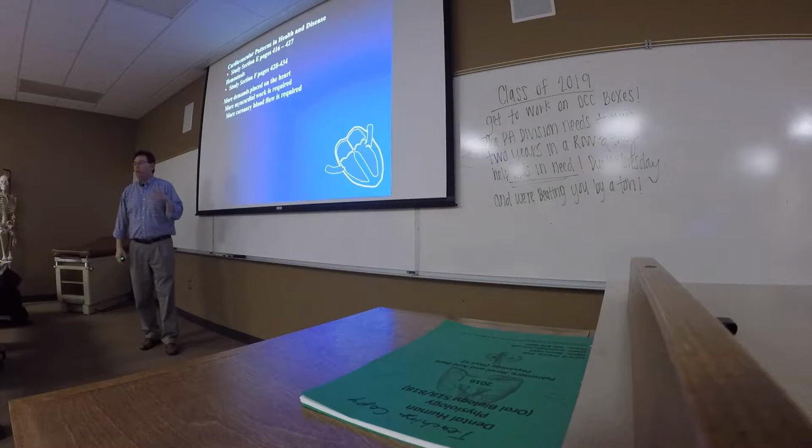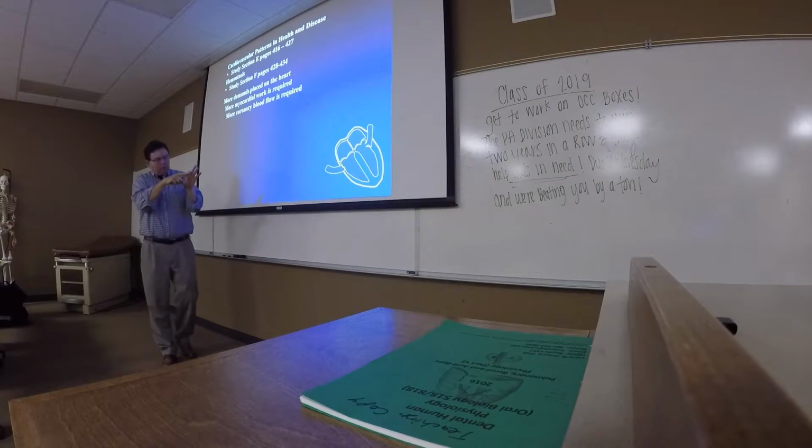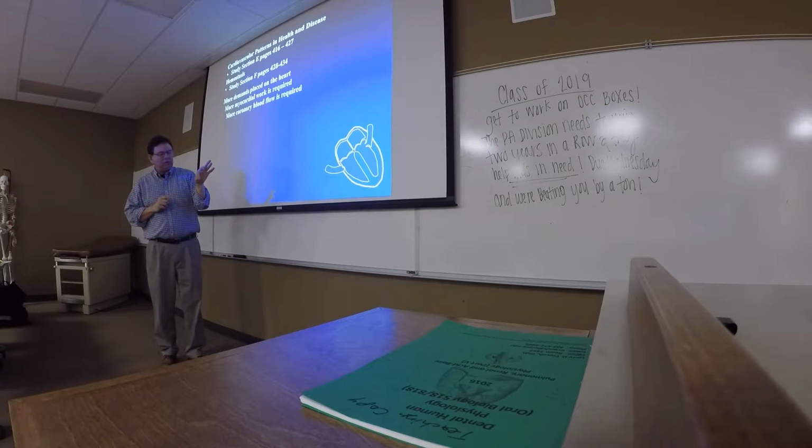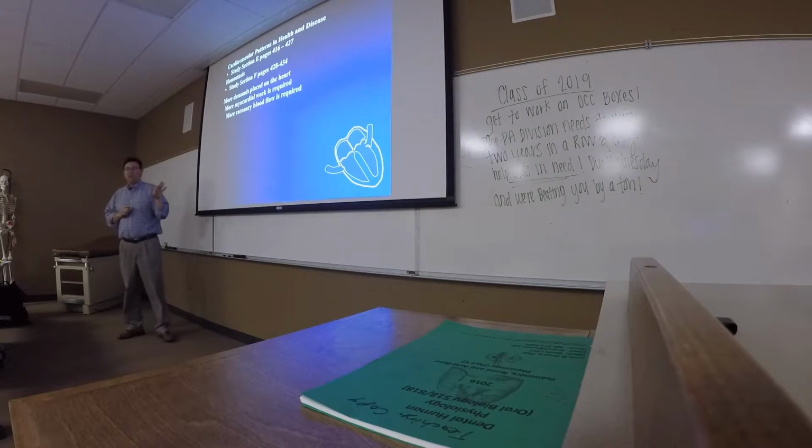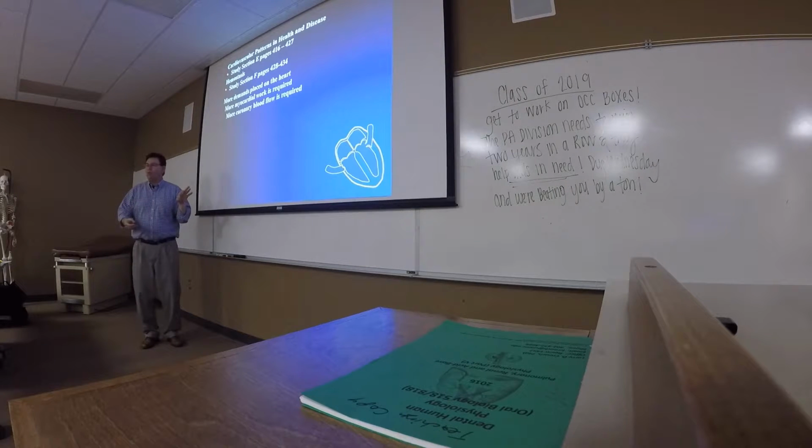A person who has atherosclerosis, so we have a building up of plaque inside a coronary artery, has less of a reserve for increasing blood flow. If their heart's doing work, will they increase blood flow? Yeah. But they might hit a ceiling, and they just can't increase blood flow anymore.